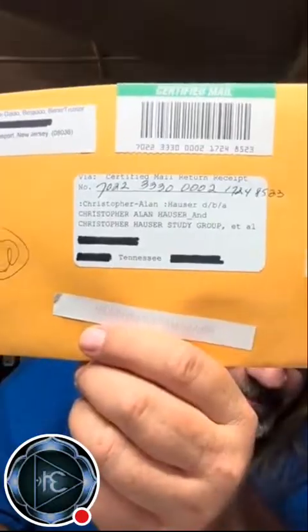It's got my name on it, well, my trust name on it, and my human person, my sentient being name. And he did the same thing, colon Christopher hyphen Allen colon Hauser, doing business as CHRISTOPHER ALLEN HAUSER, all caps, and Christopher Hauser Study Group et al.